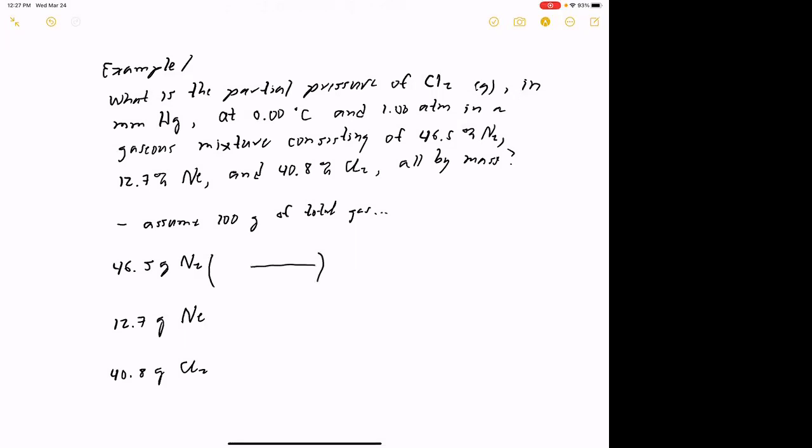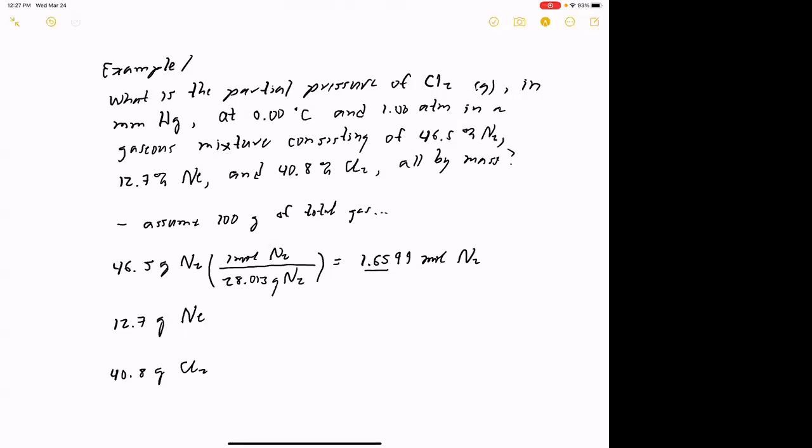Using our molar masses from the periodic table, we know that 1 mole of nitrogen gas is 28.013 grams of nitrogen gas. And that turns out to be 1.6599 moles of N2. And we'll just keep track of our sig figs as we go.